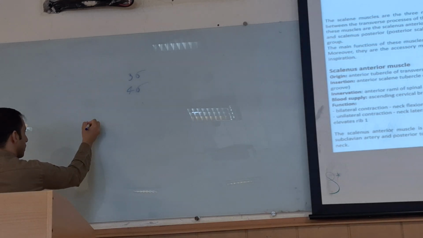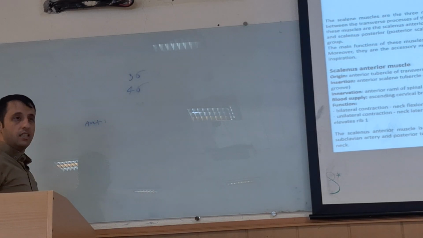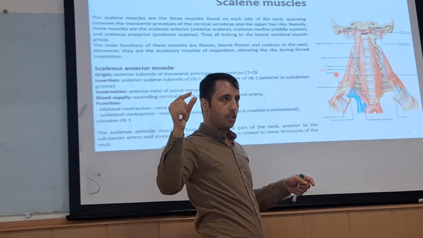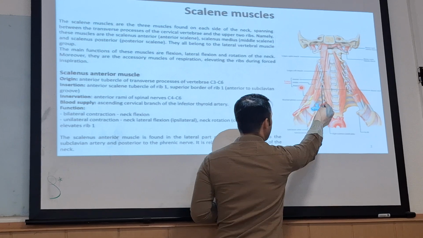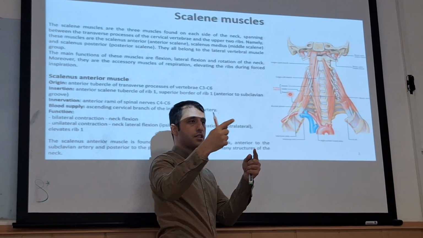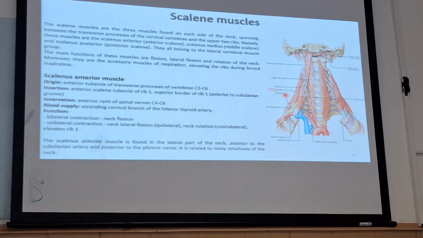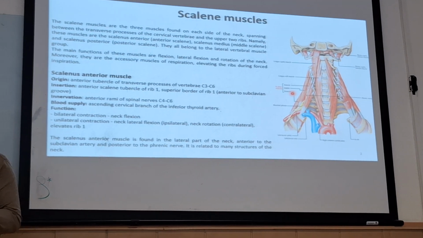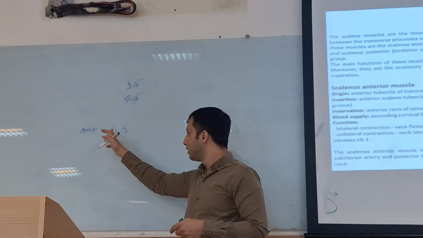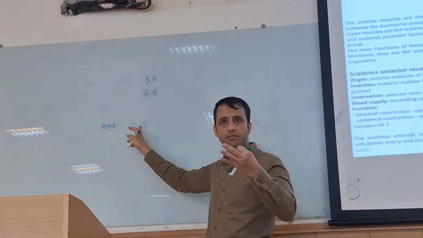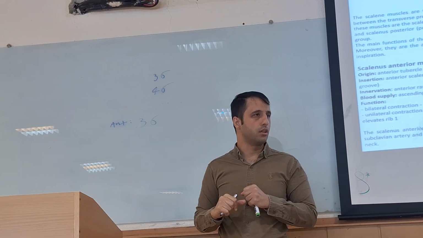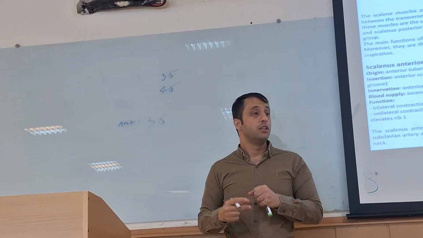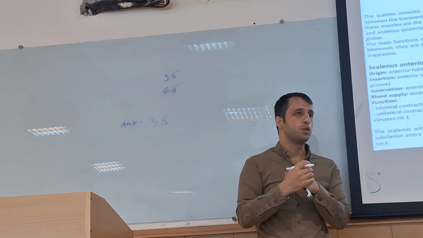Anterior scalenus muscle: its origin is the anterior tubercle of the transverse process of 36. What is 36? Cervical vertebrae 3, 4, 5, and 6. Okay? It is the origin of anterior scalenus muscle.